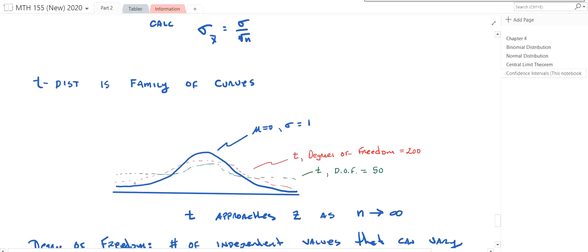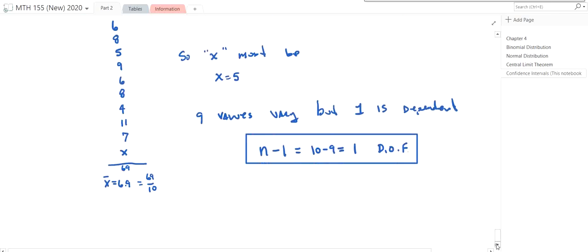The exact size and shape of these t-curves change based on the degrees of freedom. And of course, if n goes to infinity, then this t-curve will completely superimpose exactly on top of the standard normal curve. It approaches the standard normal curve as n goes to infinity.